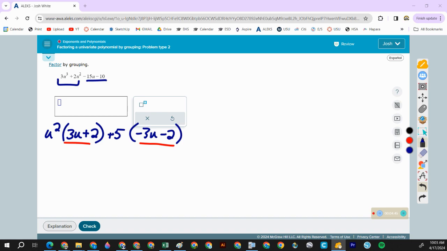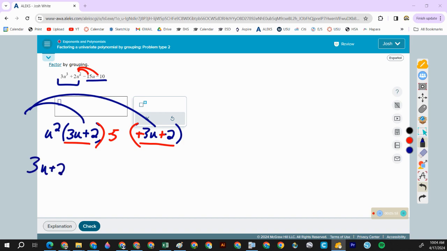How could I fix it so that they do match? What would I need to do? Anybody see it? Take the negative out with it. So I'm going to yank out a negative from each of those, which will change this to -5. And now it's 3u plus 2. Good. Now that they match, I yank that out and yank that out.